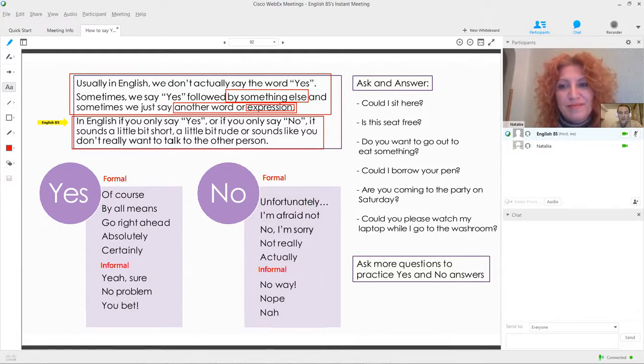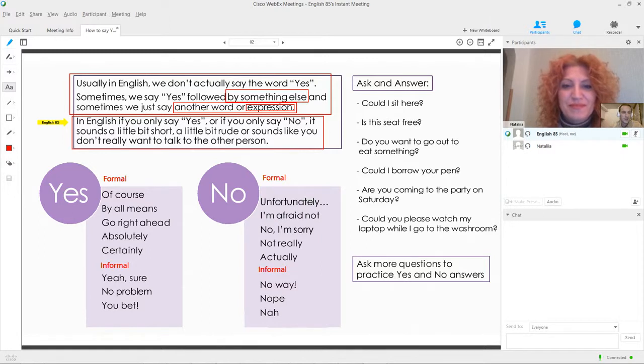And basically the phrases and the sentences and all the expressions you say, they are different. Because usually you don't use formal expressions with your friends. But you don't use informal expressions with your colleagues or maybe customers or boss. Okay.